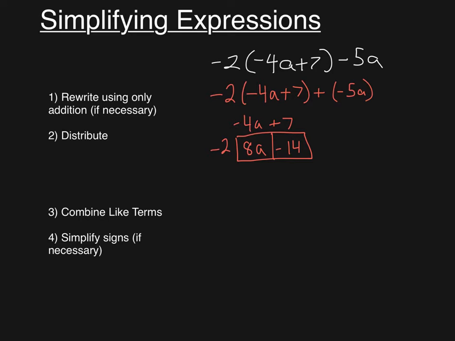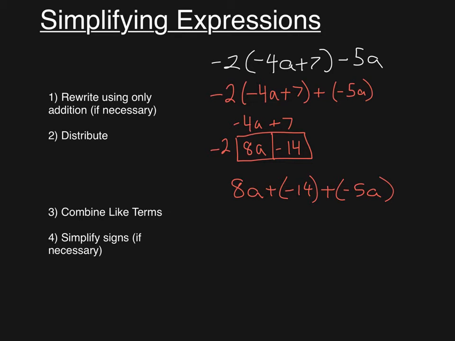So I'm going to rewrite this. I have 8a. Remember that line in the middle of the box means plus, so plus -14 plus -5a.